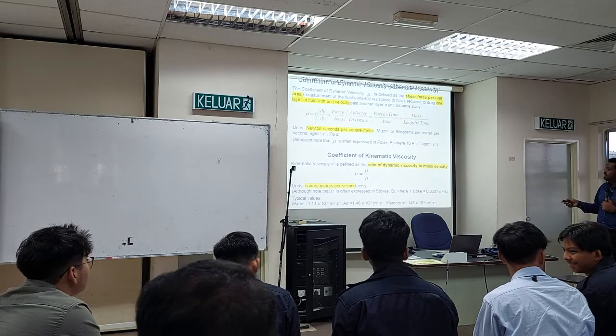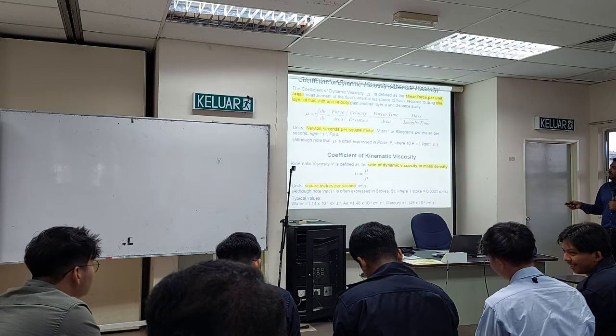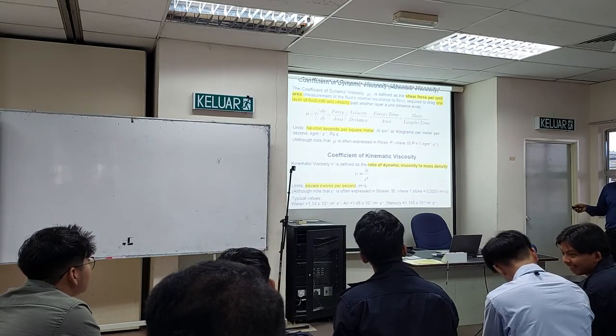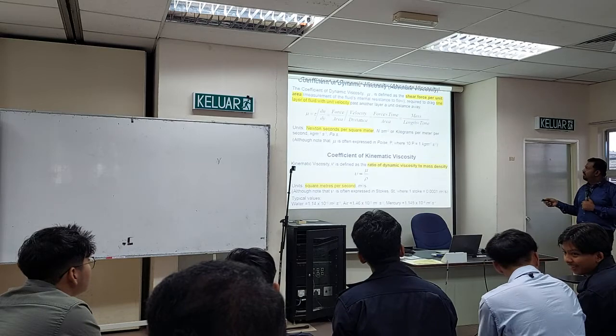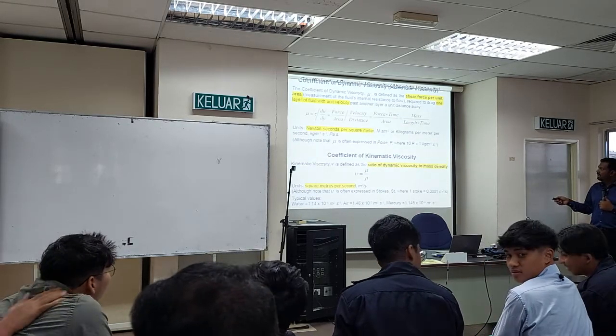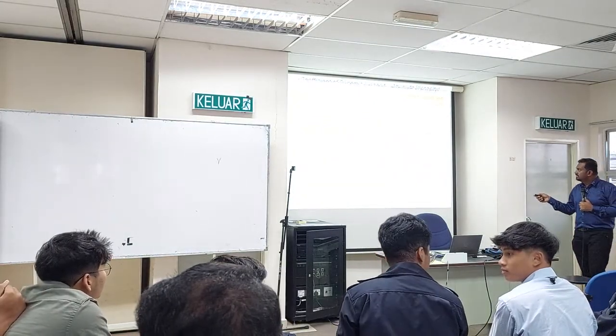This is its formula. Mu can be tau over du over dy, from the earlier formula, or force over area over velocity over distance, or force times time over area, or mass over length times time.